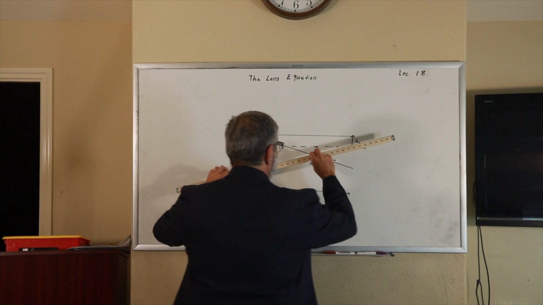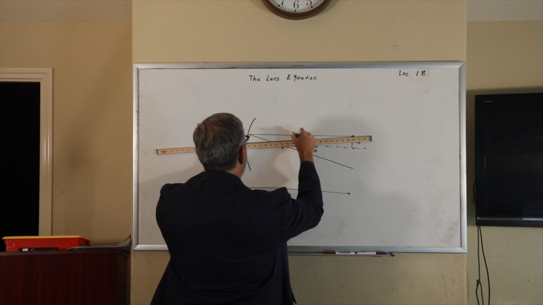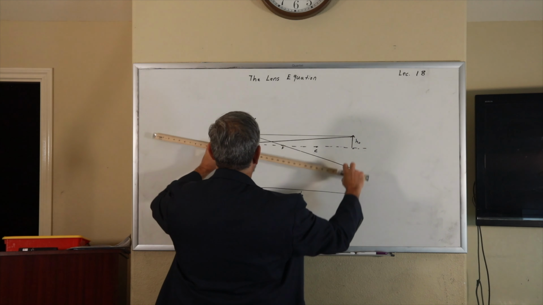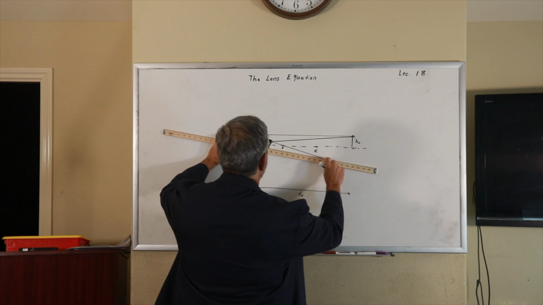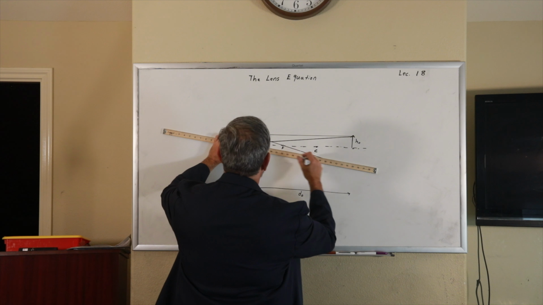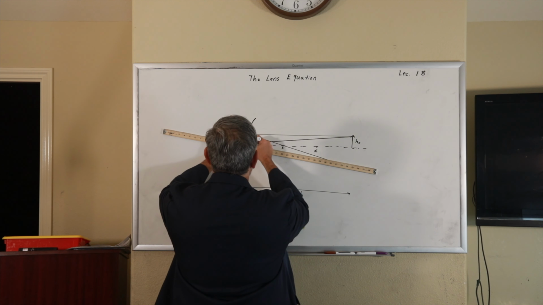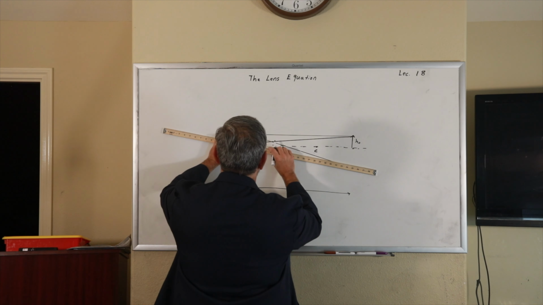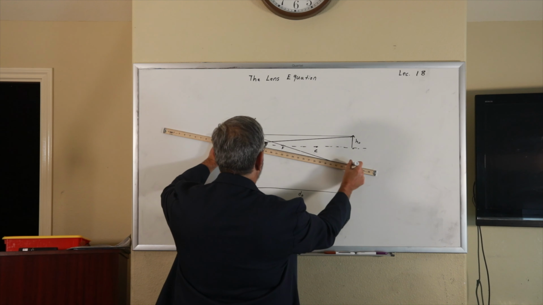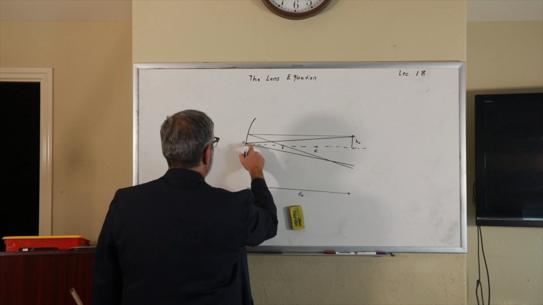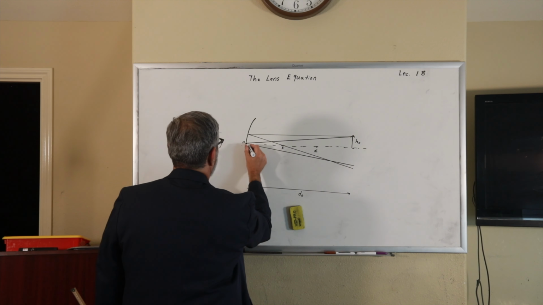Let's also consider a ray that reflects at the pole, and that, under the law of reflection, bisector there.